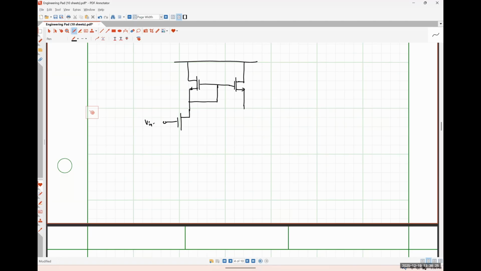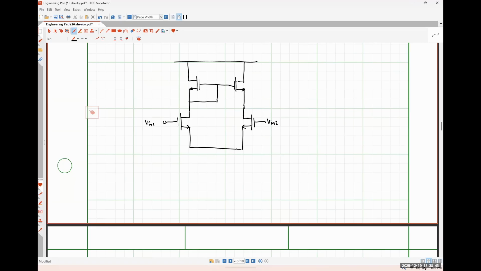So here's VN1. VN2. And then down here at the bottom, you would usually bias this with a current source in an ideal case.